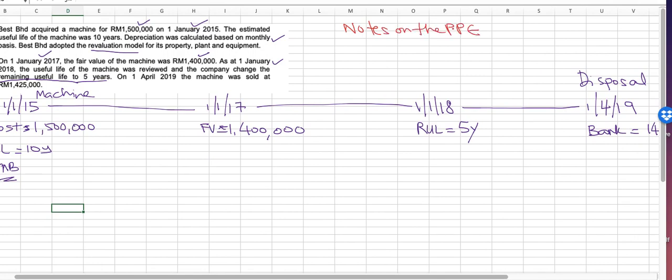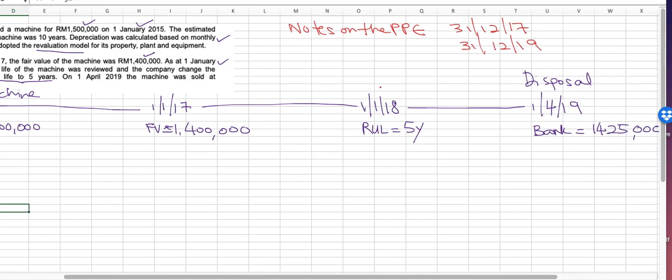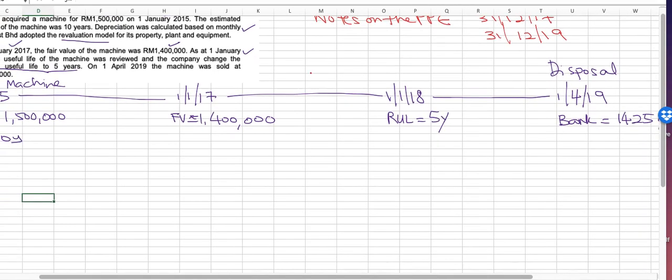Okay, for the year ended 31st December 17 and 31st December 19. So you see, dia skip 2018. So for the year ended 31st December 17, that means, okay, you highlight your timeline.